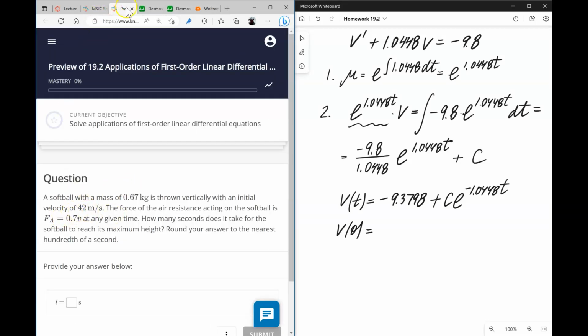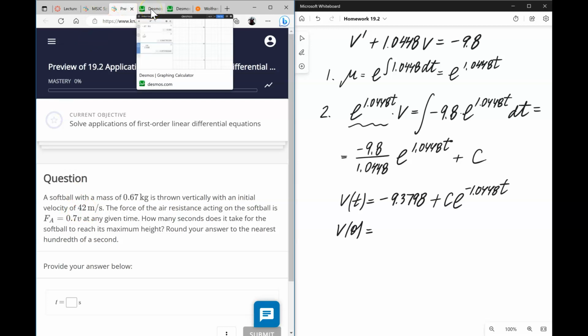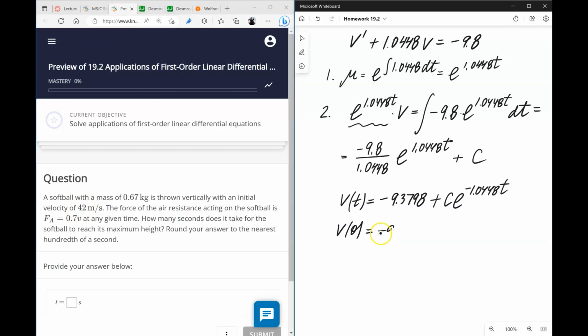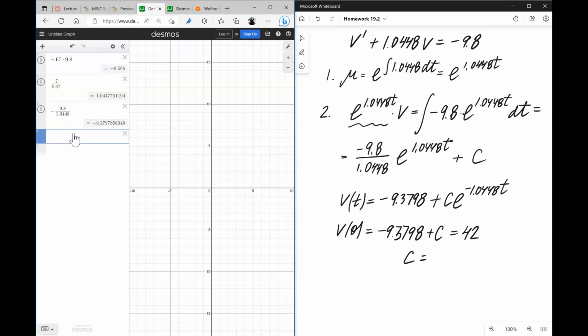Initial velocity is 42 meters per second. Let's assume it's going up at 42 meters per second. So c will be equal to 42 plus 9.3798.